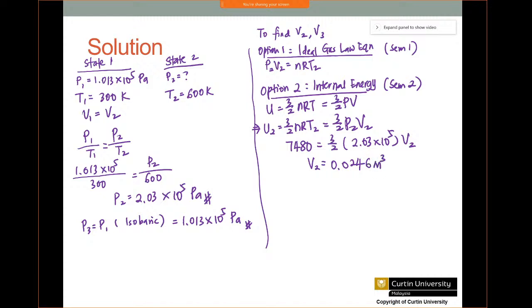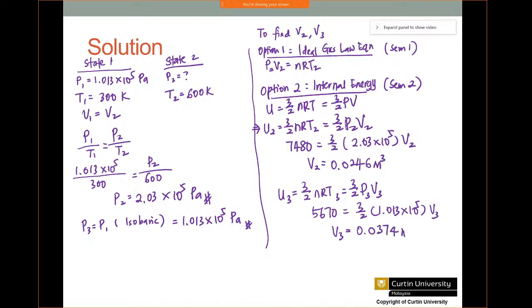So use the same method to find our U3. So V3 is 0.0374 meter cube, right?